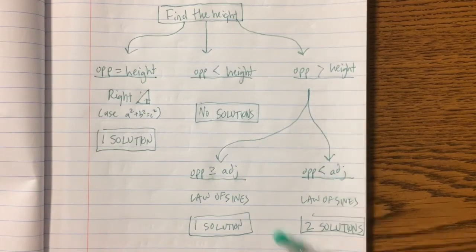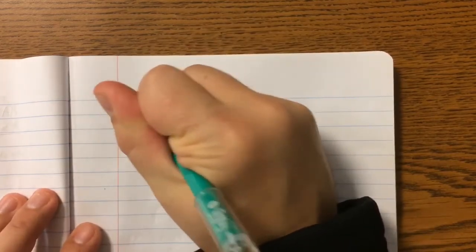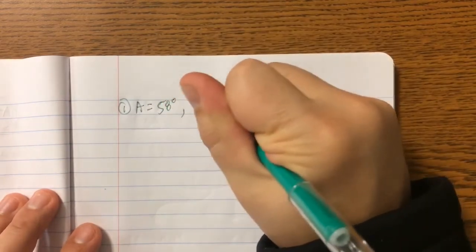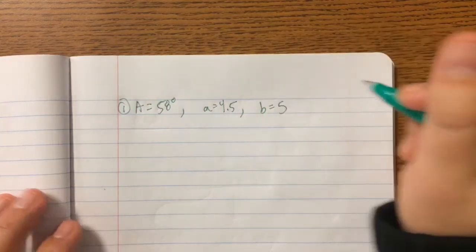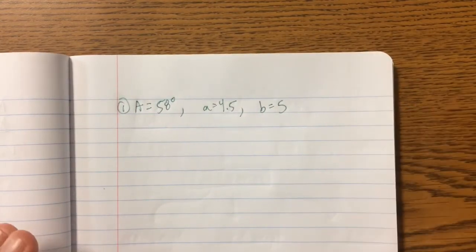So let's do an example of this one. Let's say angle A is 58 degrees, side A is 4.5, and side B is 5. I'm going to sketch this out.